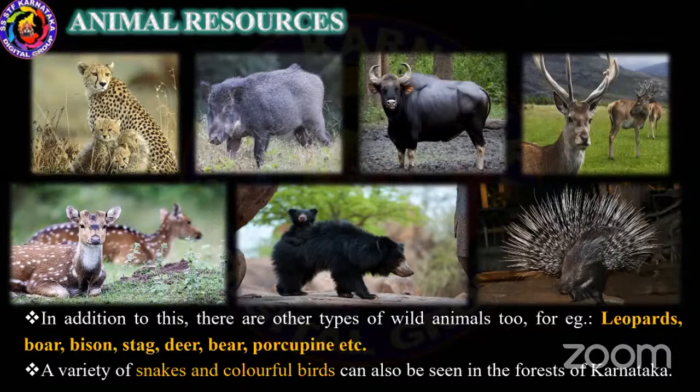That is an example. Karnataka has different types of snakes. It is also part of the wild animals. Like tigers, different types of snakes are also found in the Western Ghats of Karnataka.